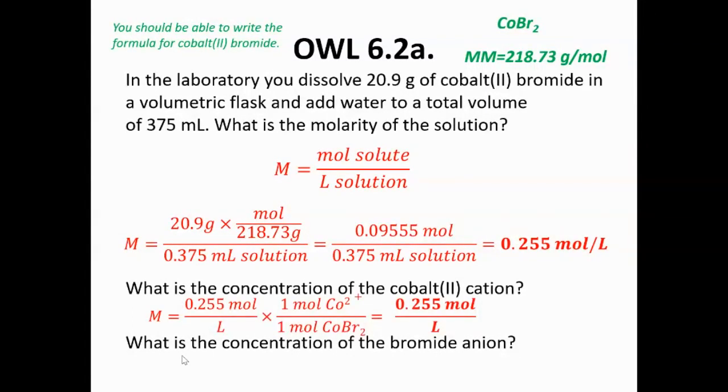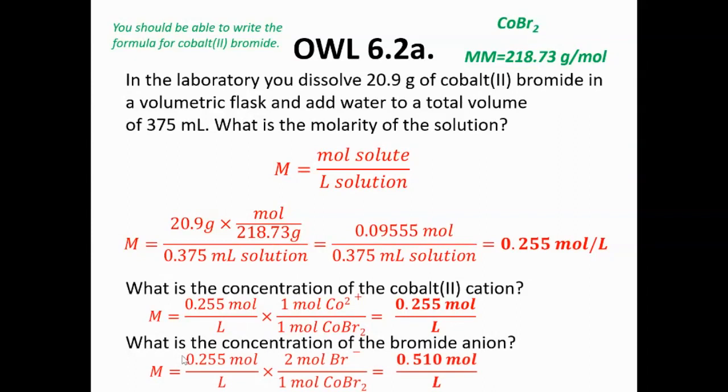It would still be 0.255 moles per liter of cobalt-2 ions. On the other hand, if we want the concentration of bromide ions, there are 2 bromides for every 1 cobalt II bromide. Therefore, as you can see in the calculation, we multiply the molarity by 2 and we get 0.510 moles per liter of bromide ions.